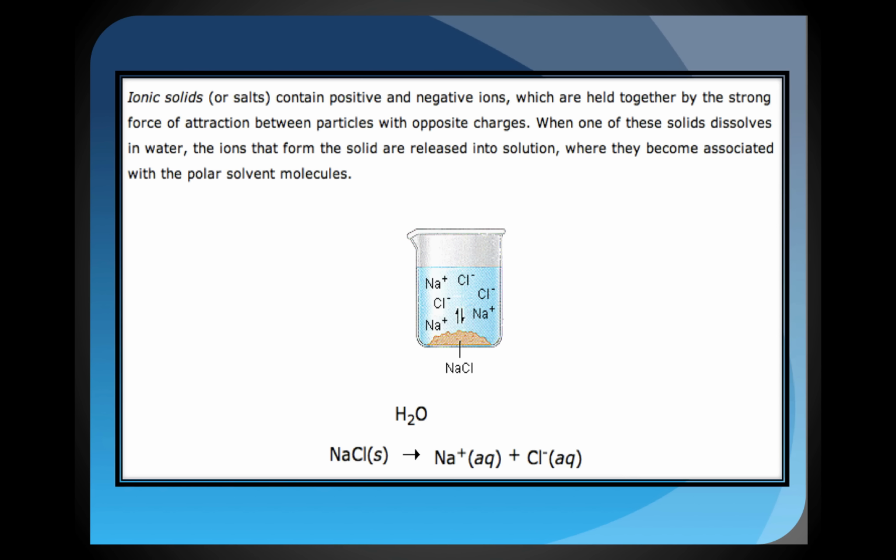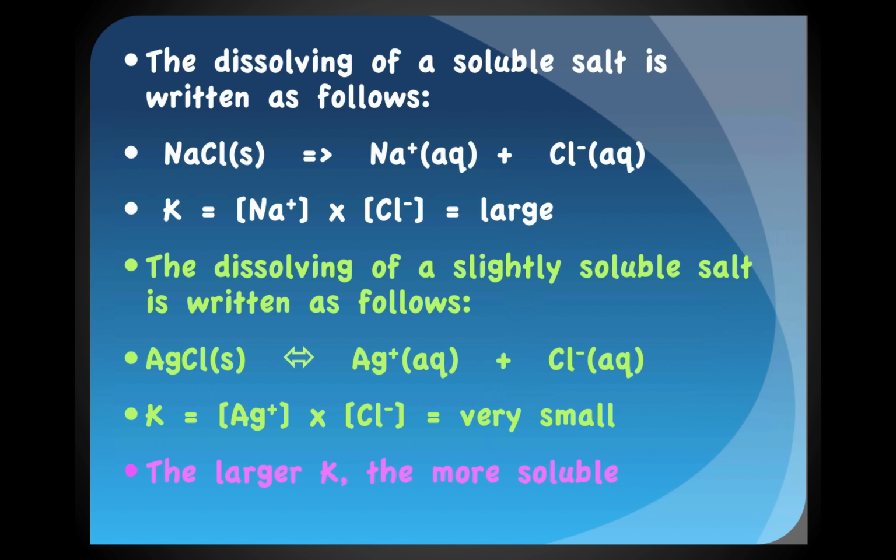So you can see in this example that when salt dissolves in water, the water breaks the crystal lattice, allowing the sodium ions to separate from the chloride ions. This is how an ionic solid dissolves in water. A soluble salt will dissolve by completely dissociating into the positive and negative ions that make it up.